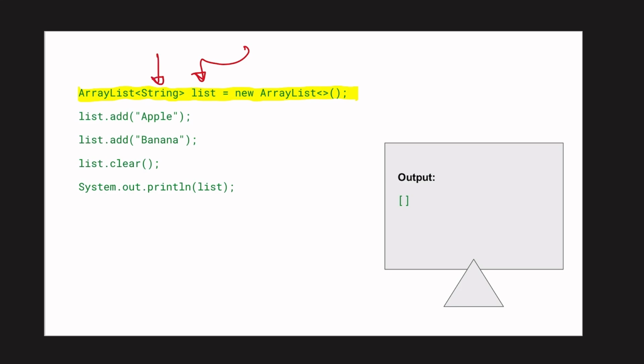So we are adding some elements in the list, like in this list object we are adding the first element and then we are adding the second element. Now after adding, we get apple and then we get banana.